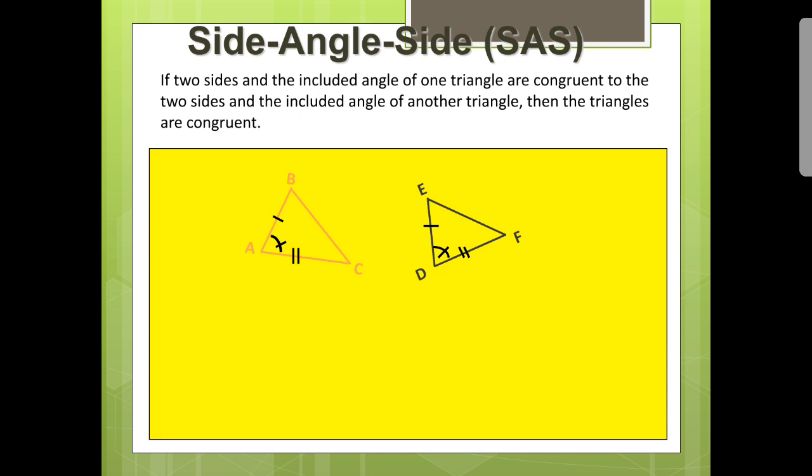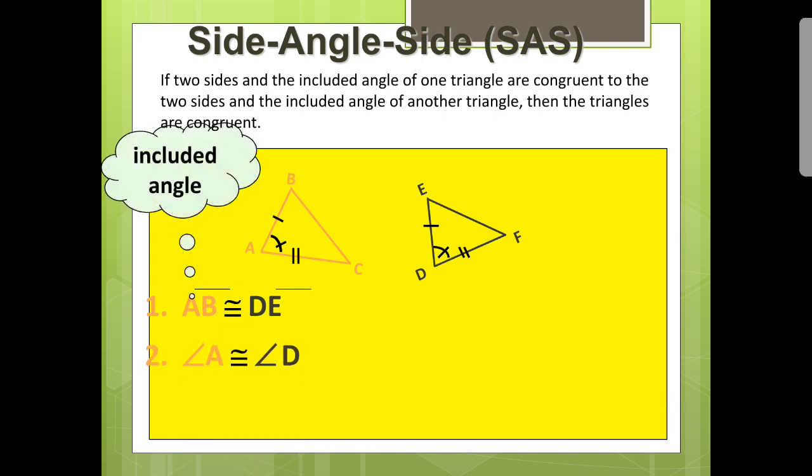Based on the given two figures of triangles, we have triangle ABC and triangle DEF. We're going to prove if they are congruent using SAS. So the first congruent part, side AB is congruent to side DE. Another one, angle A is congruent to angle D, and that is the included angle.